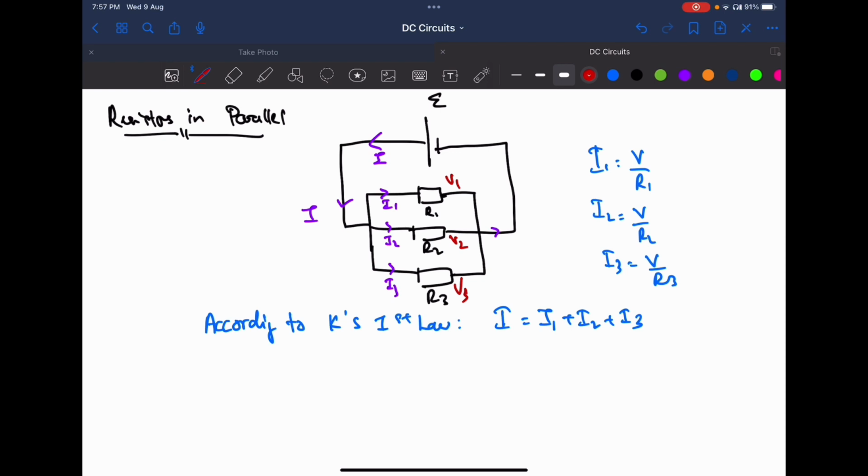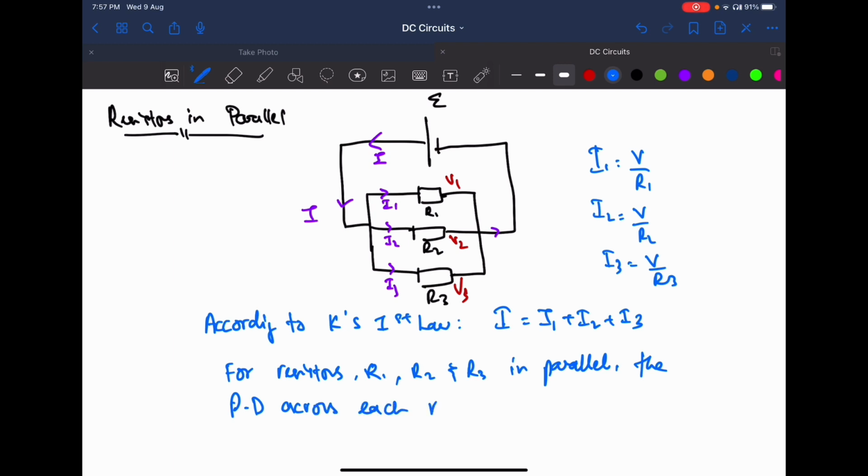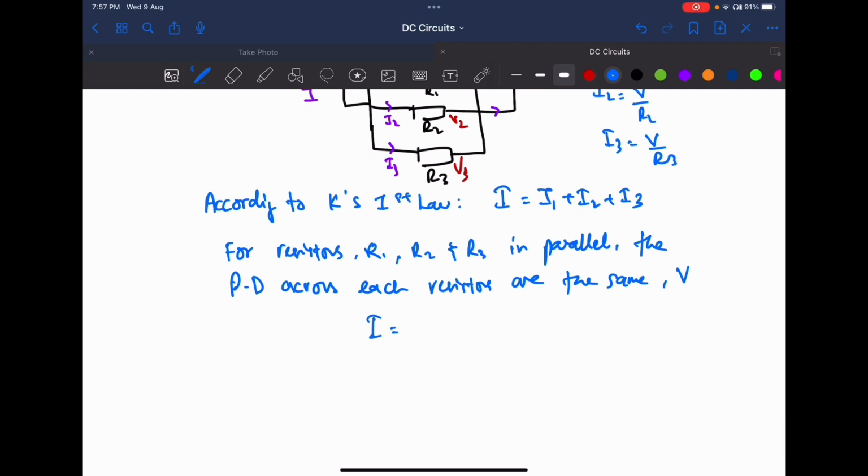Since they are all in parallel, for resistors R1, R2, and R3 in parallel, the potential difference across each resistor is the same, V. So therefore, I equals V over R1 plus V over R2 plus V over R3.